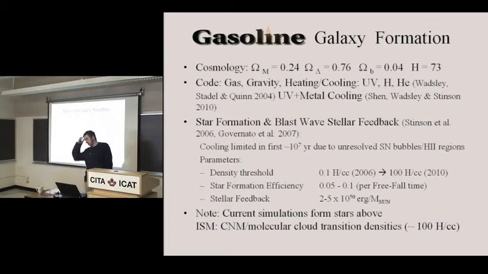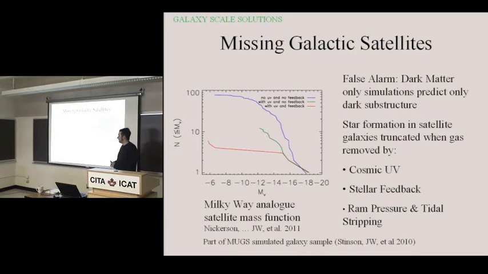So in terms of resolving these issues, the missing galactic satellites, I don't think anyone was surprised really by the idea that when you have baryons and you want to talk about visible satellites versus the dark ones, the baryon physics changes the picture a lot, and you only form stars in the larger satellites, and it's very easy to damage the satellites in terms of limiting their ability to form stars or removing the gas.